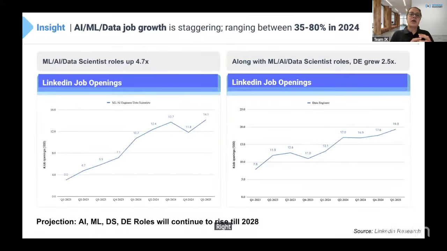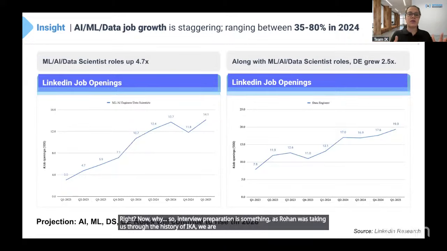As Rohan was taking us through the history of IK, we are an 11-year-plus old company, started in Silicon Valley. Interview preparation was something that we started with and quickly segued into also upleveling technical professionals with AI skills.